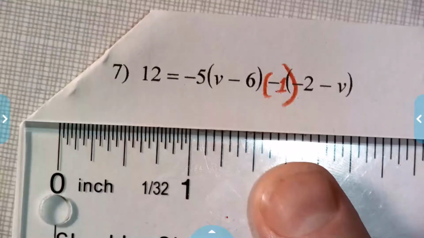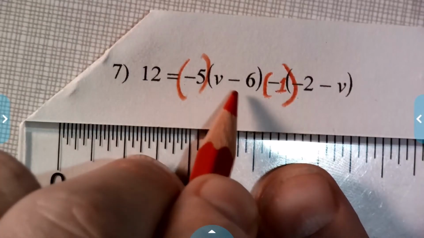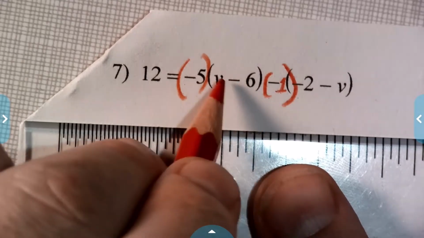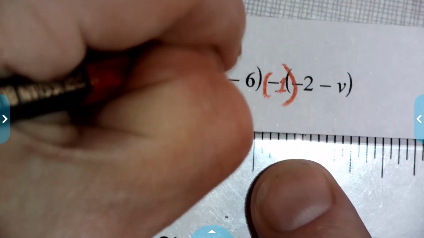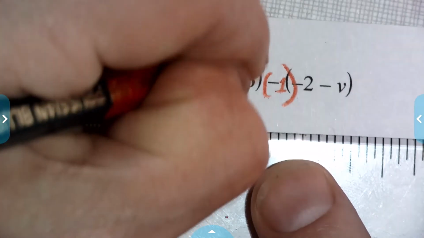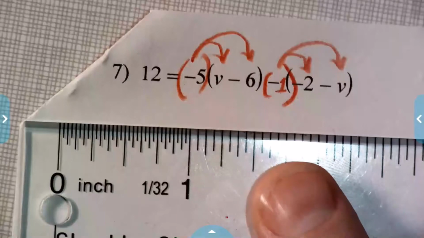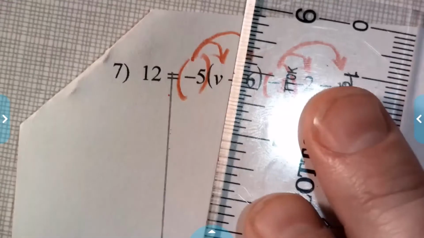Group him. And so now we're distributing a negative 5 to these terms, and then the negative 1 to these terms. So that'll help us out. 2 distributions. Okay. So we'll go ahead and drop that line there.